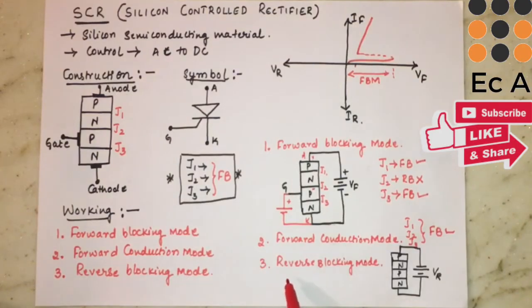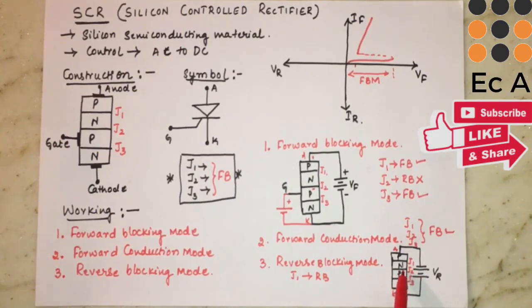Now we will understand the reverse blocking mode. In reverse blocking mode, the anode is connected to the negative terminal of an external voltage source and the cathode is connected to the positive terminal. This will make the SCR reverse biased. Under this condition, junction J1 will be reverse bias, with negative connected to the P side and positive connected to the N side.